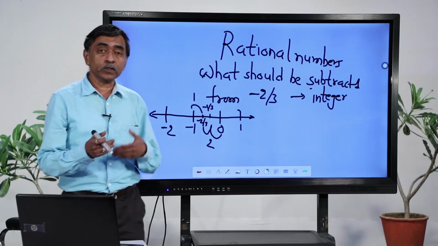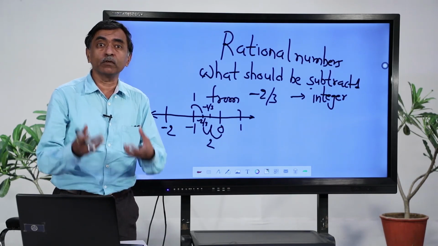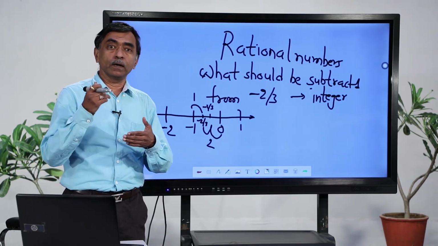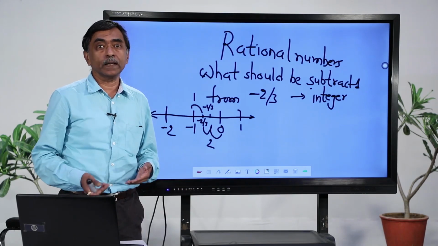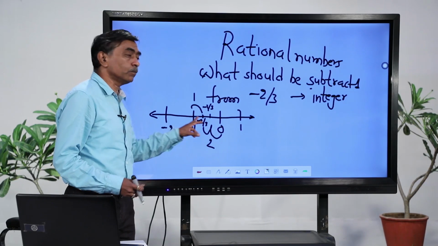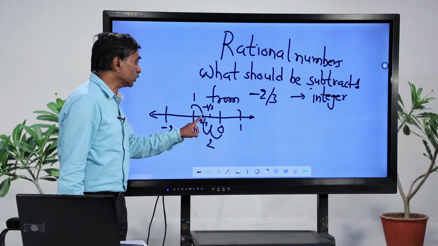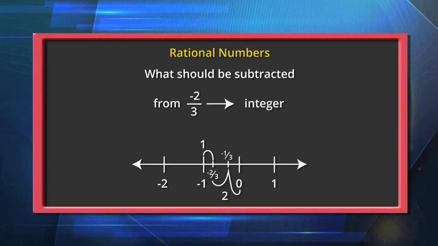So, in this way, first of all, let us try to find what exactly we want to find, and then we can convert this into the mathematical language, into equations or whatever it is, and then we can see what can be the answer. Now, what can be the obvious answer here? What should be added to -2/3?